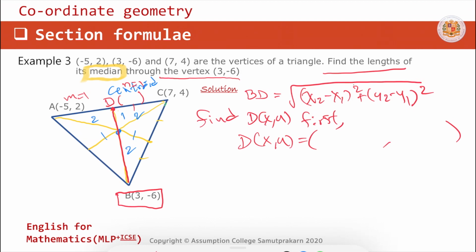D(x, y) would be (mx2 plus nx1) divided by (m plus n), and (my2 plus ny1) divided by (m plus n), where m is 1 and n is 1.